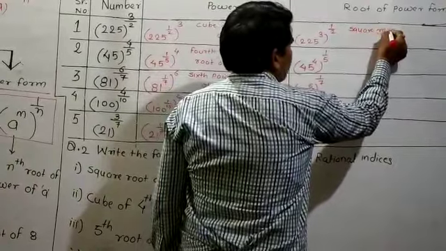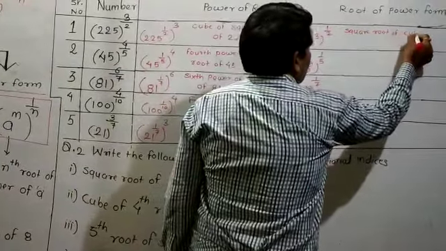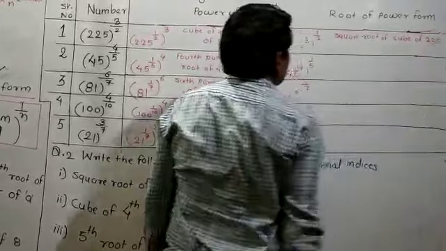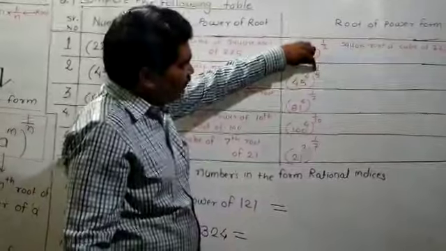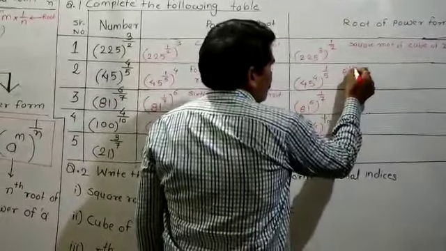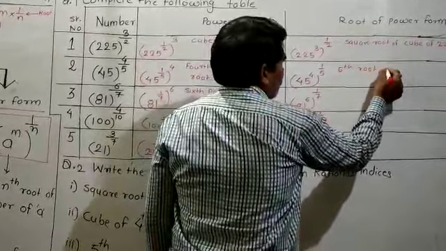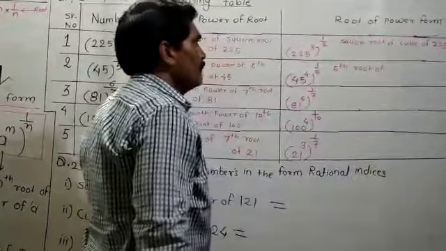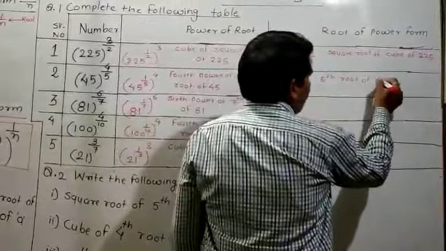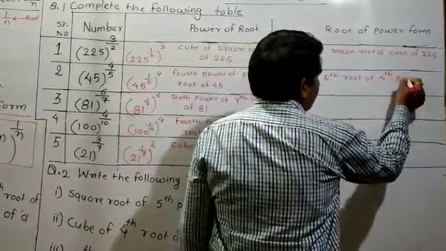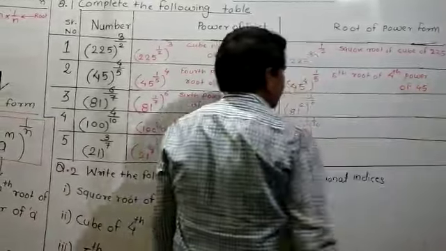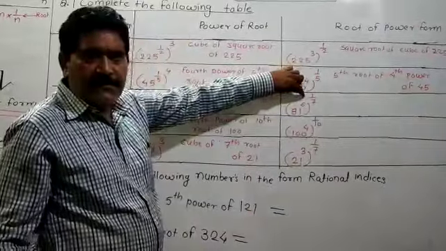Then how do you have to read? Fifth root of fourth power of 45.